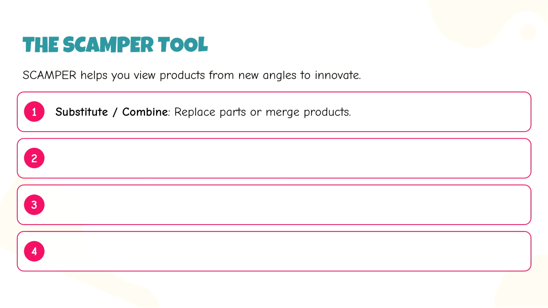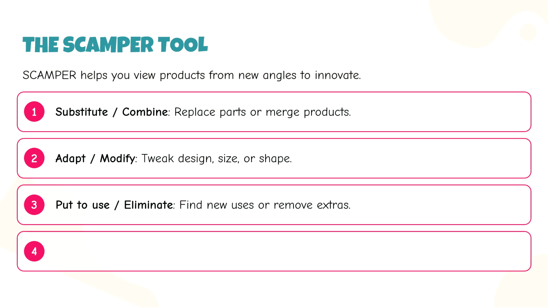SCAMPER stands for S for substitute, C for combine. This helps to replace parts or merge products. A is for adapt and M for modify. This helps you to tweak the current design, size, or shape of the current product or service.